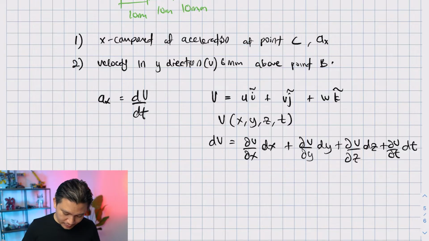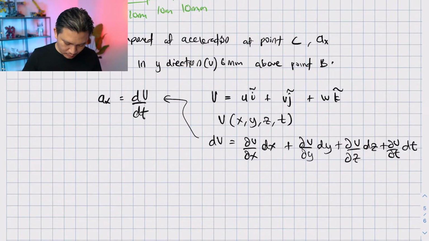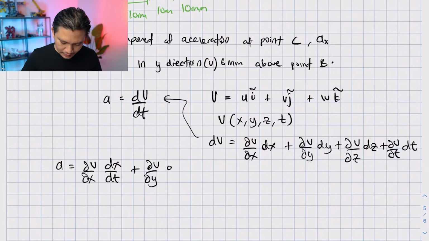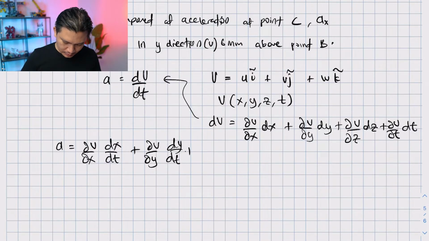Therefore, acceleration in general is del V over del x dx over dt, plus del V over del y dy over dt, plus del V over del z dz over dt, plus del V over del t dt over dt.